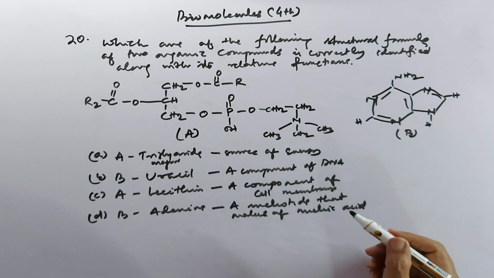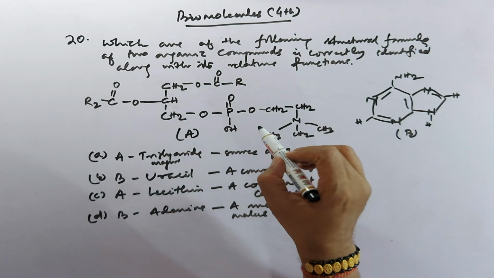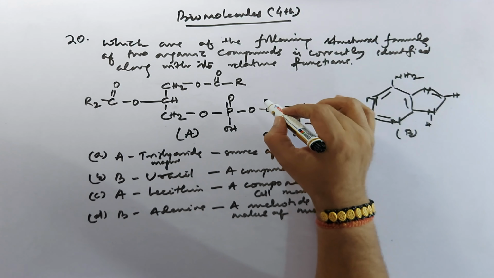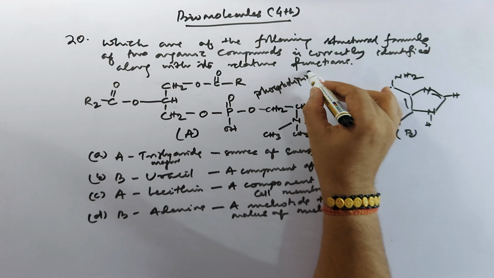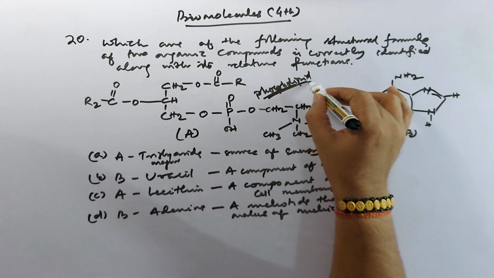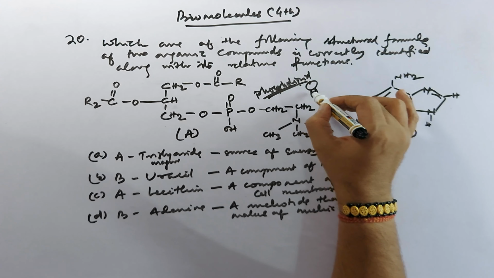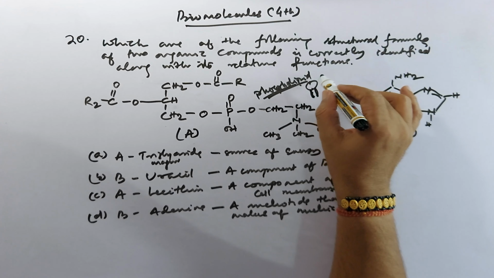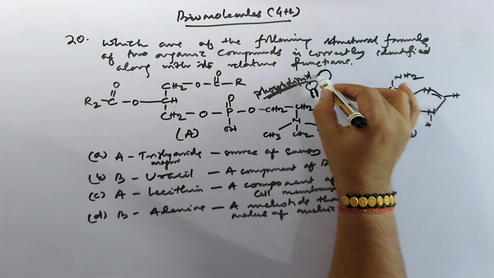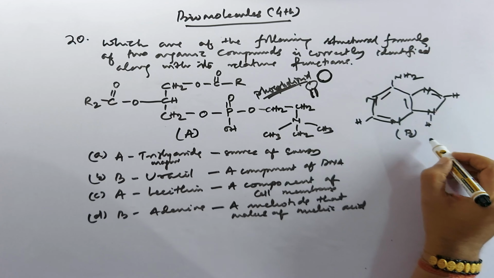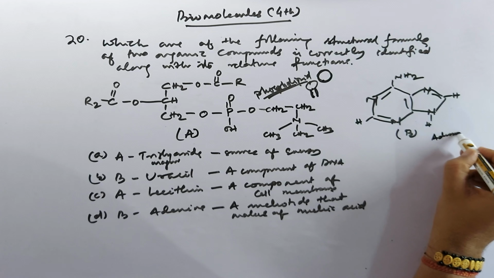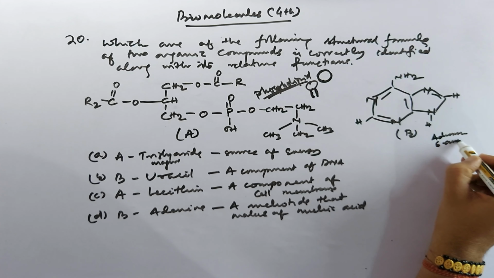So which one is correct? Really, this is the structure of a phospholipid. You know that in our theory chapter we have discussed this type of molecular model, and it is present in the cell membrane, the biomembrane. This is the very important phospholipid, and this is the nitrogenous base adenine, that is 6-aminopurine.